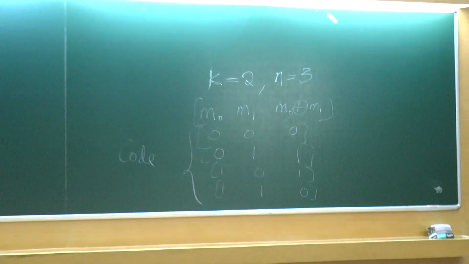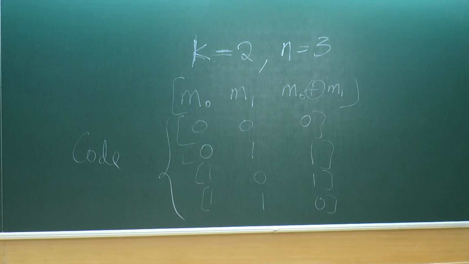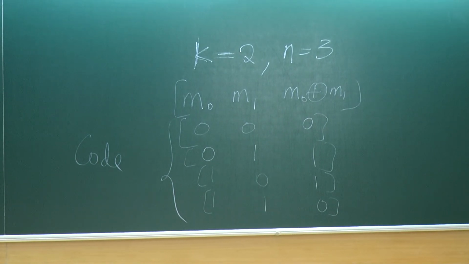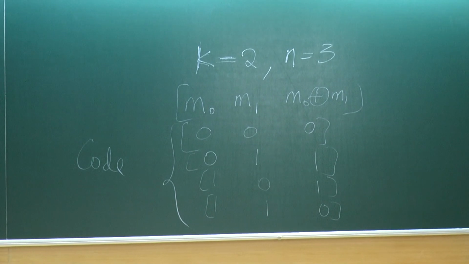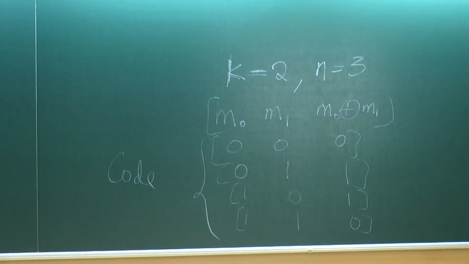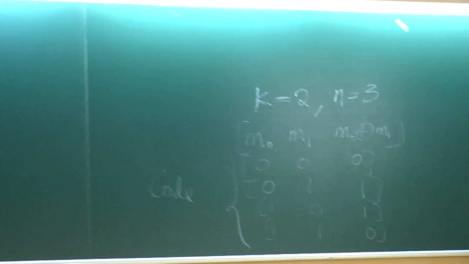Okay, so for this code, an intuitive way, for any binary code in general, and it can be extended to other alphabets, is to visualize these code words as nodes in a hypercube. We have n equal to 3, so shown here is the 3-dimensional hypercube, and the blue, shaded nodes are our code words.